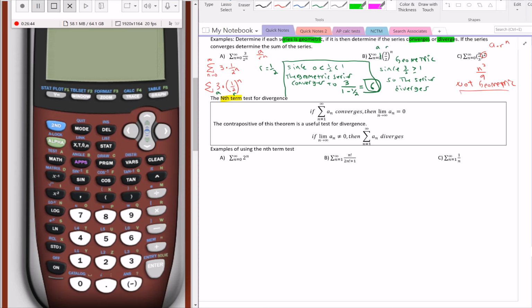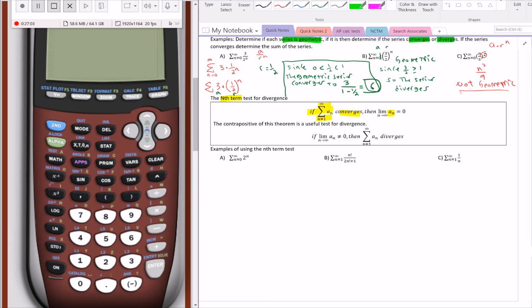But there's this theorem that says if the series converges, then the limit of the nth term is 0, meaning that if you just looked at the sequence of numbers and not the sum, then the nth term would be approaching 0, right?